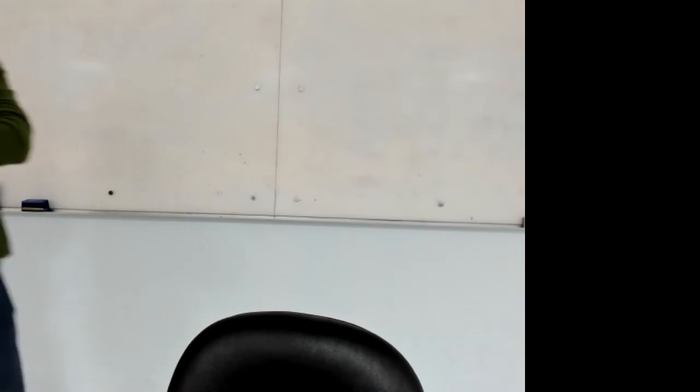But before we do that, since we have a new student here today, I just want to get to know you a little bit better. Last class I asked everybody to introduce themselves, so I'll ask you to do the same thing. And what did I ask you to do?